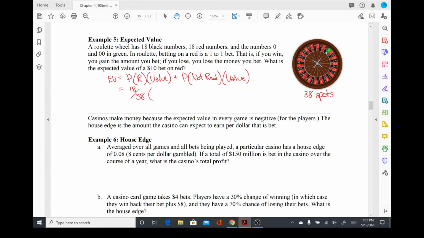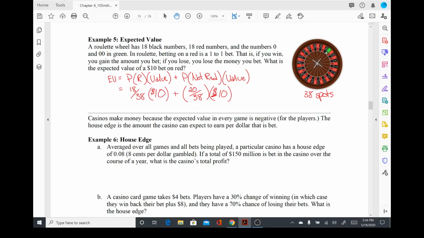Value, we would win $10. Plus the probability of not red. Don't forget those green spots. So there's 20 that are not red out of the 38. And if we landed on one of those, we would lose $10. So remember to make that one a negative.